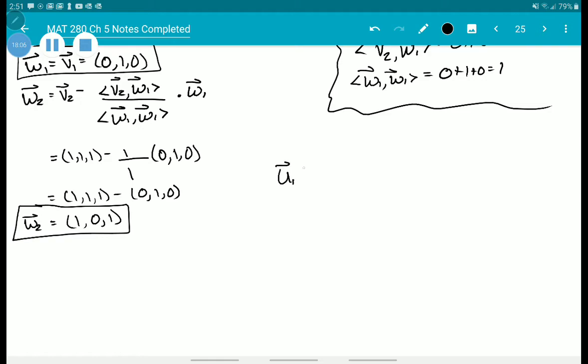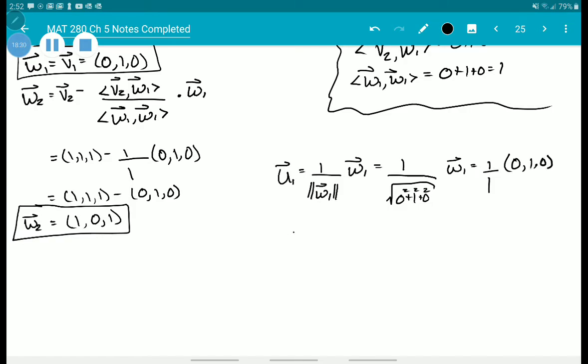So U1 is 1 over the magnitude of W1 times W1. The magnitude of W1 would be that, which will just give us a 1. So we're going to get 0, 1, 0. So U1 ends up being the same vector, since it already had a length of 1.